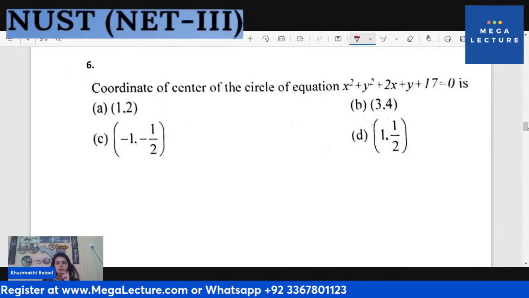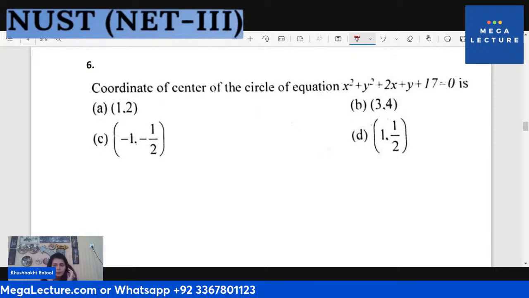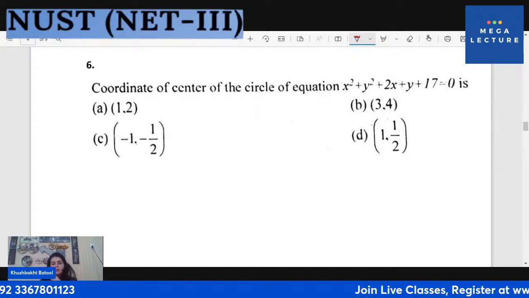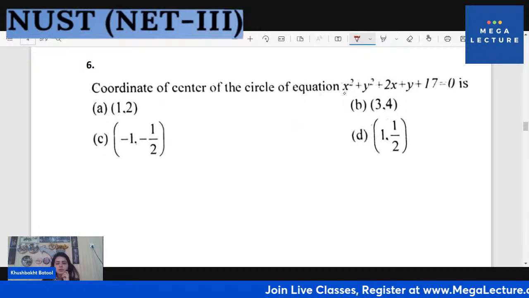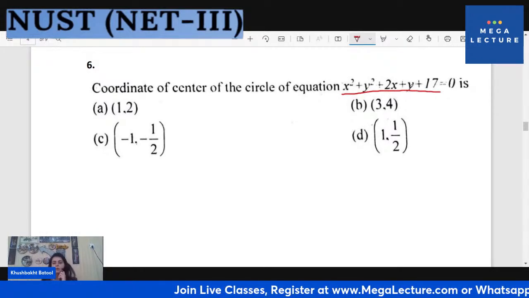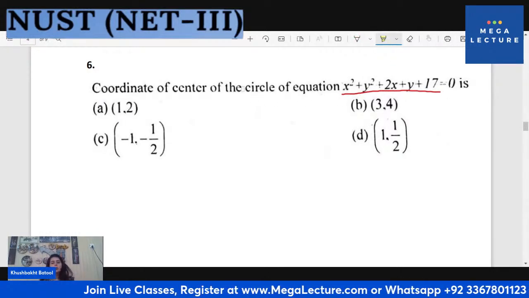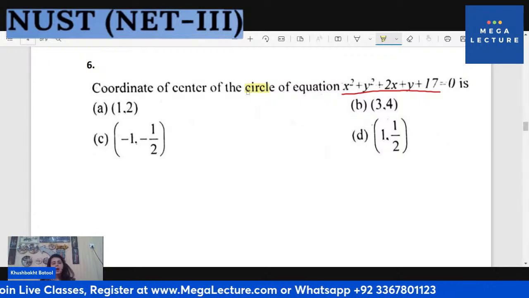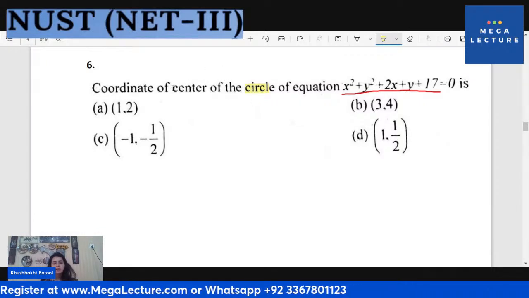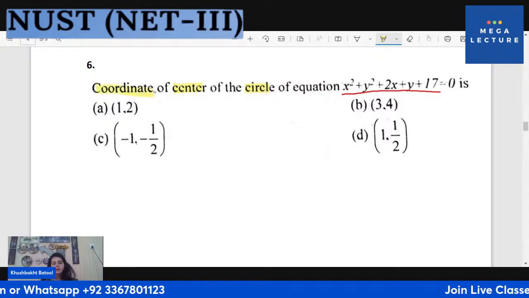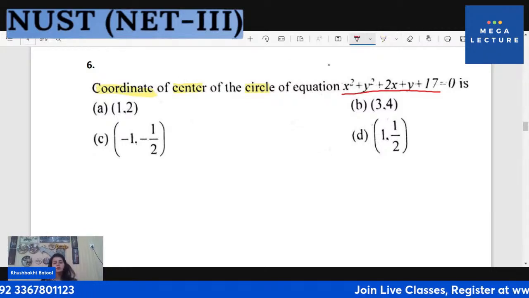This is a new question again. Coordinates of the center of the circle of equation this is, now we have a circle and we are interested in its center, right? The coordinates of the center. How do I find the coordinates of the center?